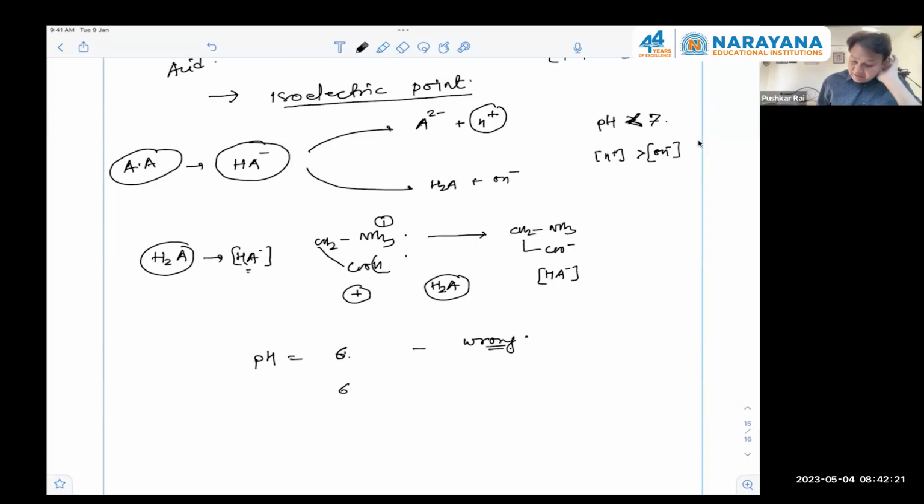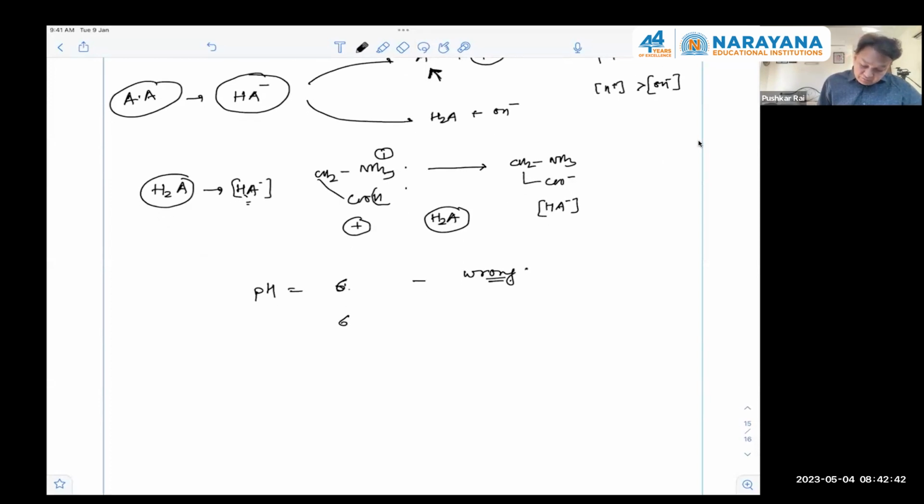And at the isoelectric point, A2 negative should be equal to H2A. If that is the case, to reach the isoelectric point you have to make this A2 negative concentration slightly less. To make it slightly less, you have to add H plus ion. So that means you are ahead of the isoelectric point. You are right here.